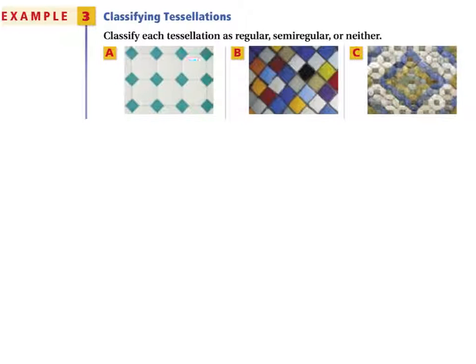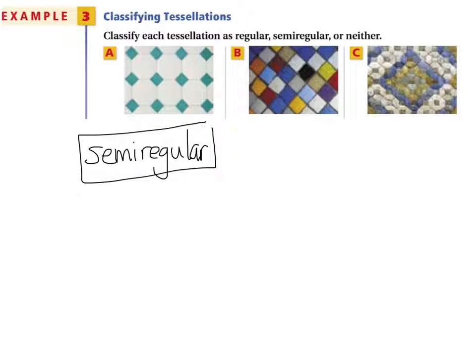Any vertex has two regular octagons and a square. Therefore, since they're different shapes, the tessellation is semi-regular.